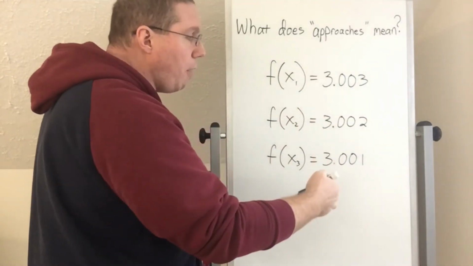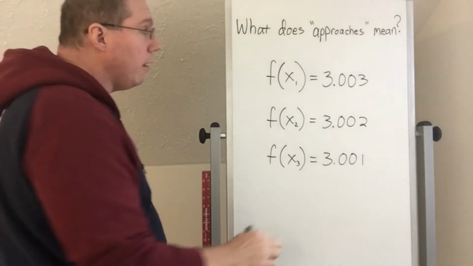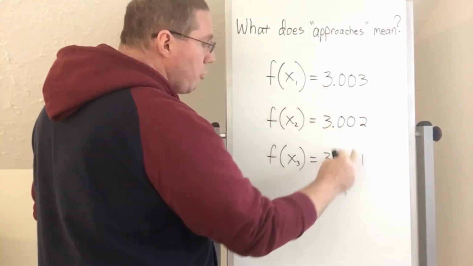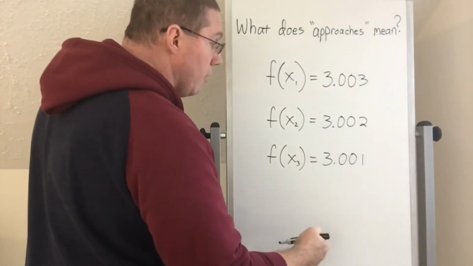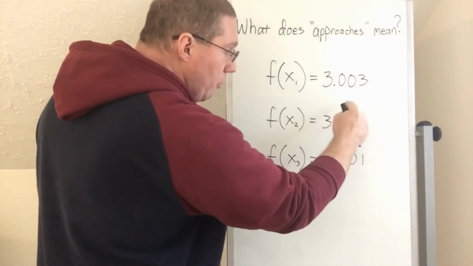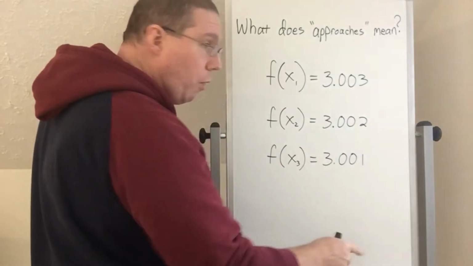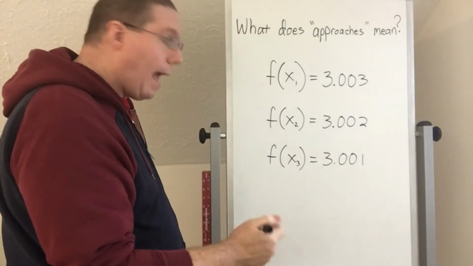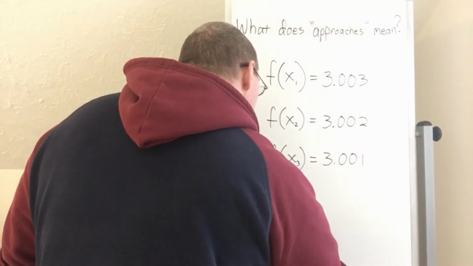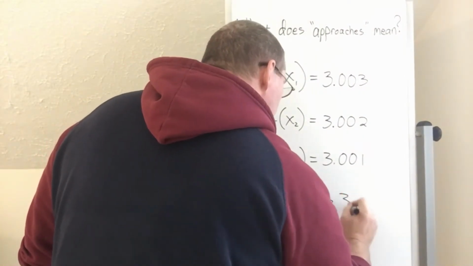So the number's getting smaller. Well, what should the next number probably be? Well, it looks like we're getting closer and closer to 3, right? Each time we're going down by 0.001. If we go down by 0.001 one more time, we're going to be at 3. And in this particular case, f of x is approaching 3.